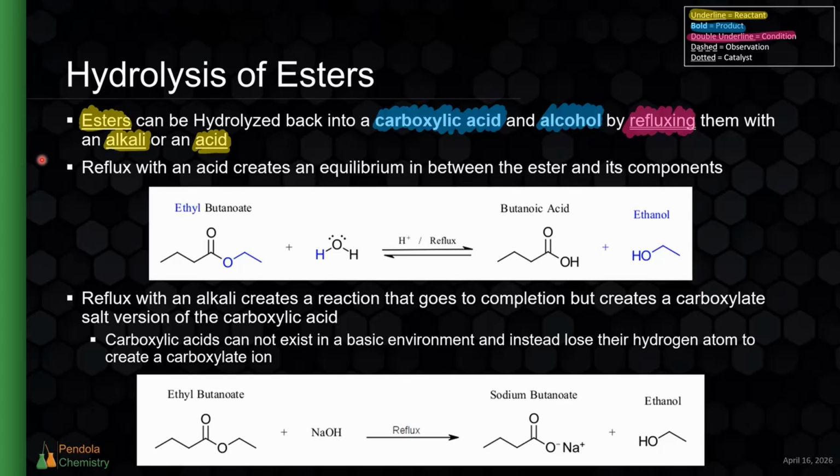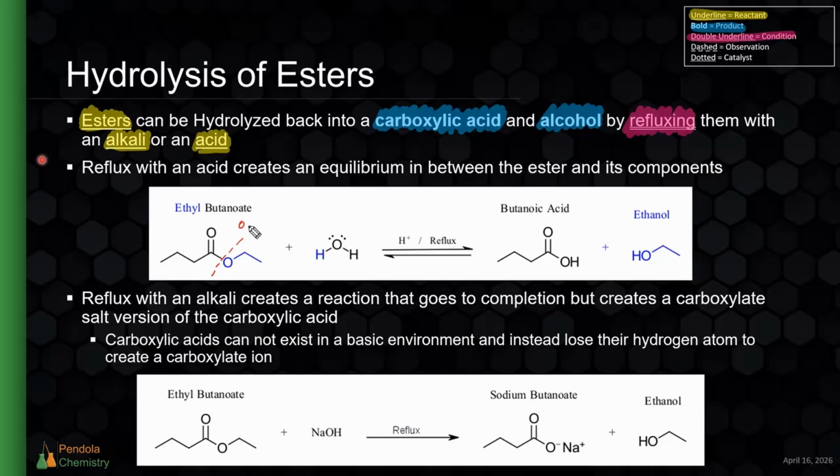So whenever we look at the hydrolysis of an ester, all we're going to do is find that carbonyl group with the O. We're going to cut that ester right where that oxygen is.